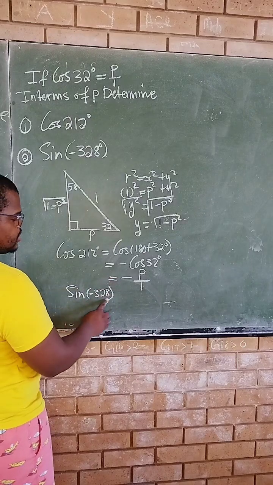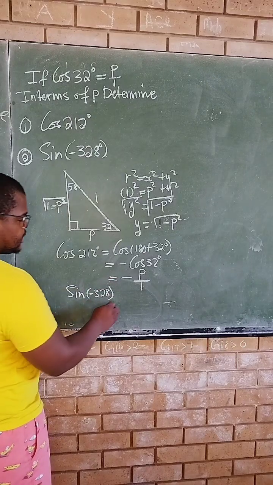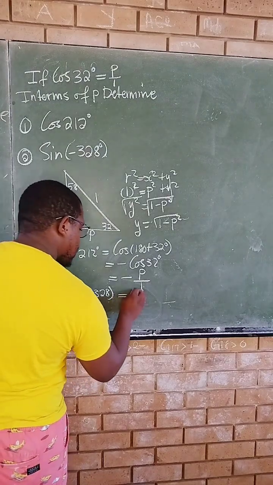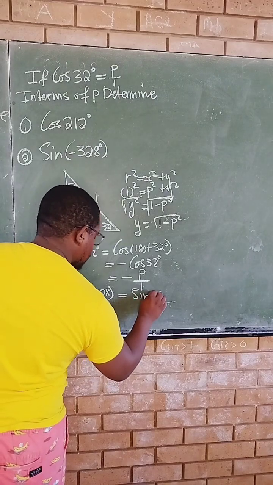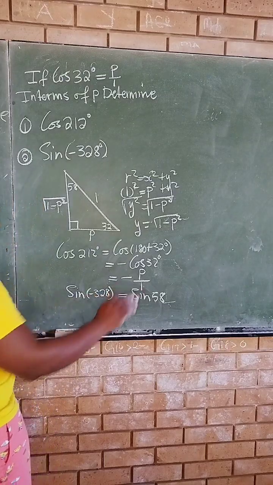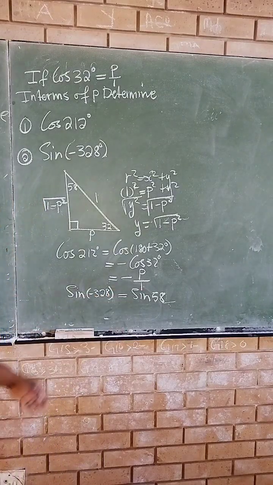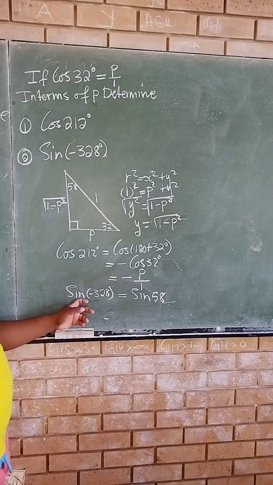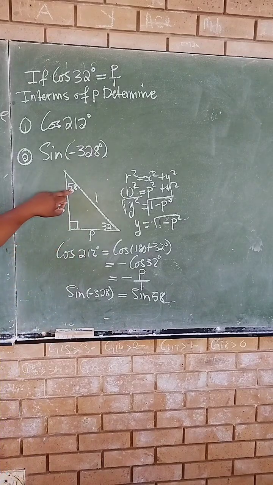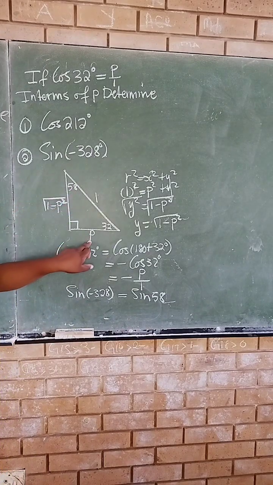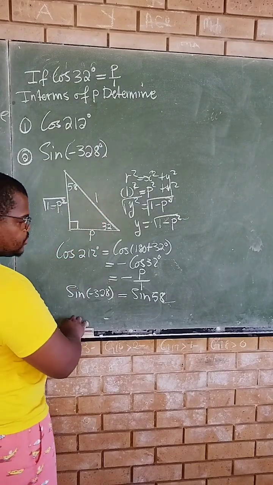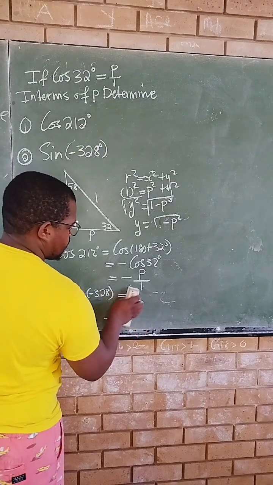If you add 360 on this one, you get sine of 58, okay? So if you add 360 on this one, you'll get sine 58. So sine 58 is this one, okay? So it will be opposite over hypotenuse, okay? But I don't want us to do that one. Let's do the other one, okay?